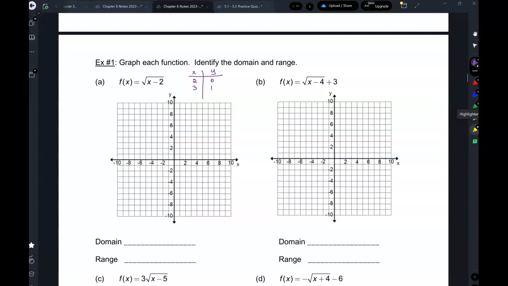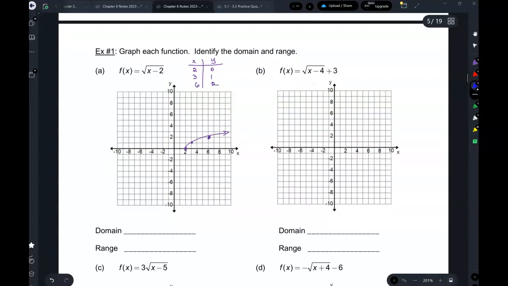The next number, for instance, 4: 4 minus 2 is 2, root 2 is not an integer, so I skip it. What's the next available one? 6, because 6 minus 2 gives me 4, which is a perfect square, so I get a 2. So at x equals 2, it's 0; at 3, it's 1; at 6, it's 2.